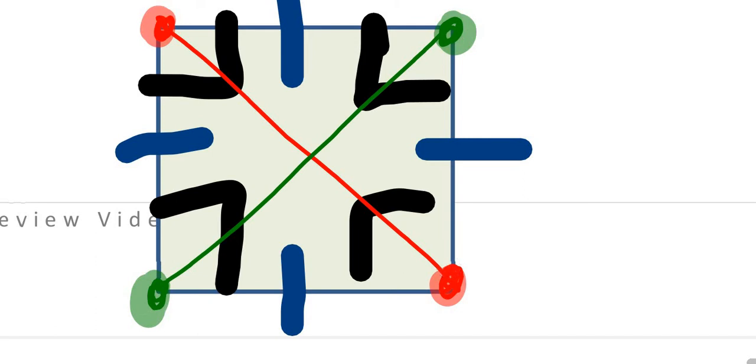Like a rhombus, the diagonals cut the corners in half. And we have a right angle in the middle, like a rhombus. So a square has all the qualities of both a rectangle and a rhombus.